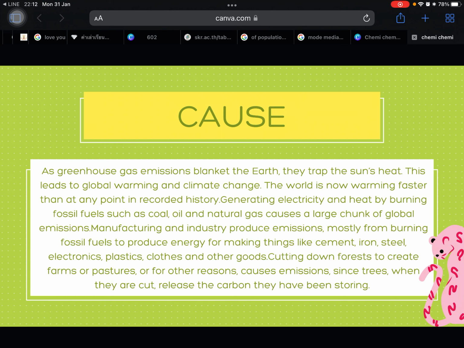Manufacturing and industry produce emissions mostly from burning fossil fuel to produce energy for making things like cement, iron, steel, electronics, plastic, clothes, and other goods. Cutting down forests to create farms or pasture, or for other reasons, causes emissions since trees, when they are cut, release the carbon they have been storing.